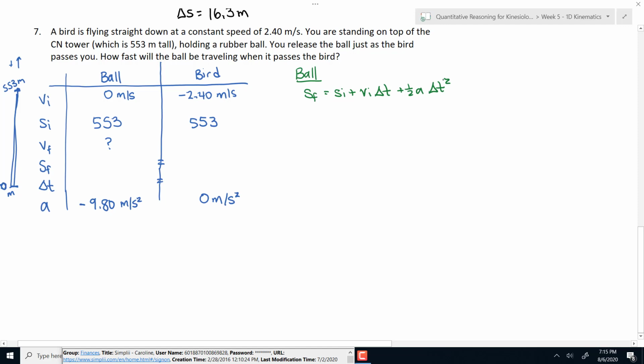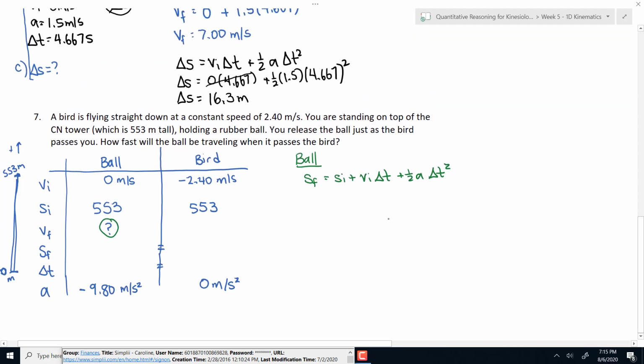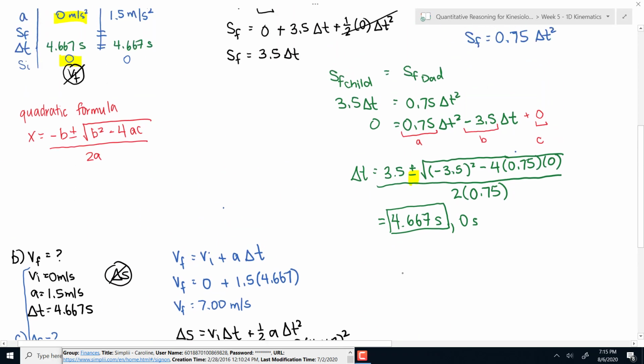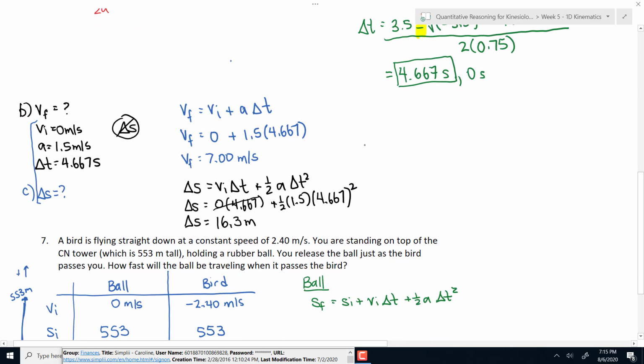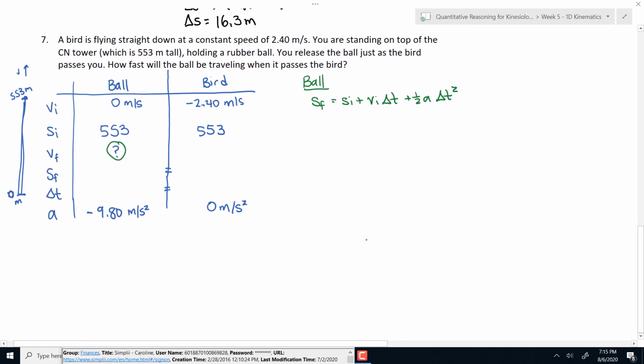Once we find our delta t, we'll use it to find the V final of the ball. Okay, just like we did in question 6, we found delta t first in part A, and in part B, we found the V final. Okay, so let's do it all over again in question 7.